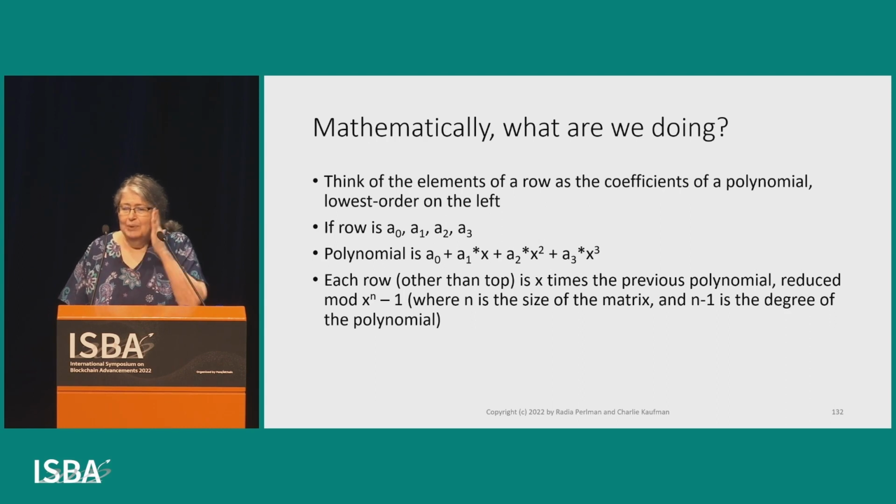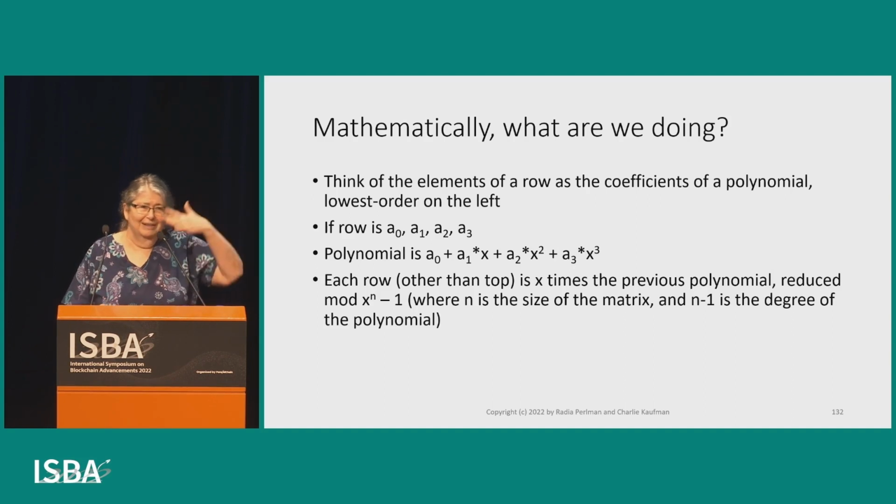So if the row is A0, A1, A2, A3, the polynomial is A0 plus A1 times x plus A2 times x squared, and so forth. And to get the next row, you're multiplying the previous row by x and reducing by x to the n minus 1, and this sort of justifies your doing that.